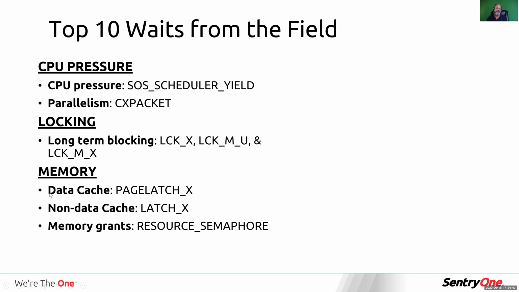So if we see PAGELATCH_X or _SH, that means we're waiting on activities related to the data cache to finish. Typically that means maybe something is being loaded or maybe something is being evicted from the data cache. In the same way, if we see LATCH_ waits, then that means we have the plan cache side of the cache, and we're waiting on that.